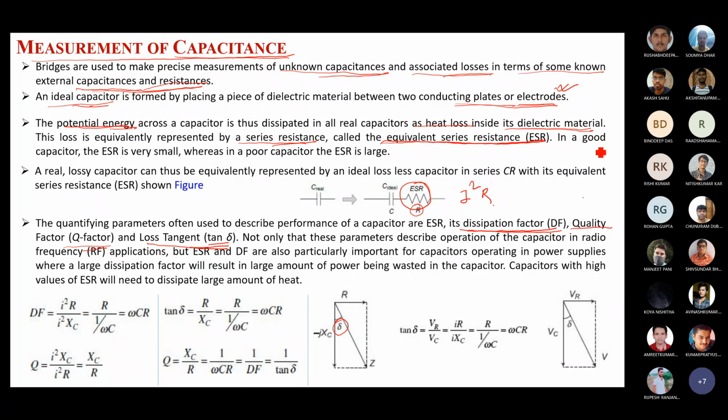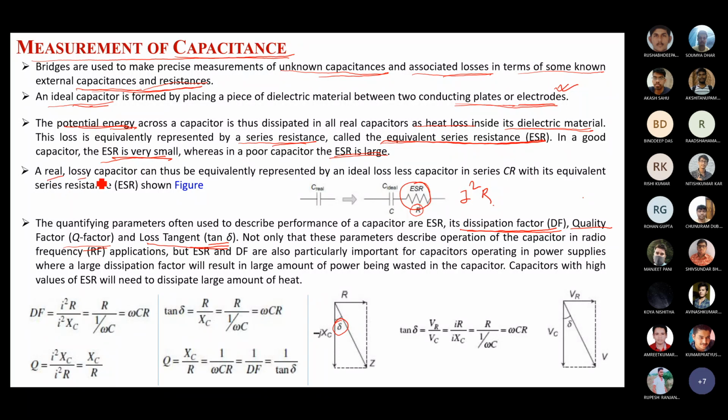In a good capacitor the ESR is very small, whereas in a poor capacitor the ESR is large. But if you increase the value of capacitance, sometimes we can observe that the ESR value goes lower. If you see the data sheet of an electrolytic capacitor, you can understand that as the capacitor value increases, the ESR value sometimes goes lower.